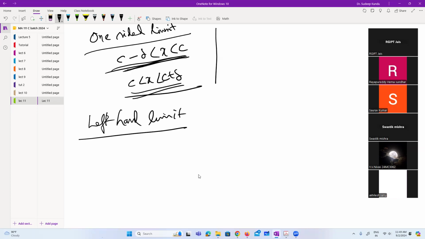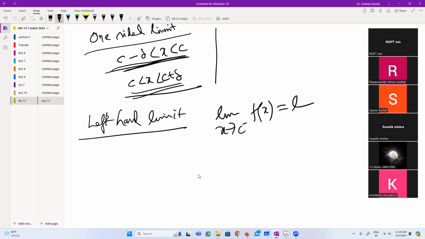So using sequential criteria, how will we write the left-hand limit? The limit as x tends to c minus of f of x equals L. How will we write it? f of x minus delta is equal to L.